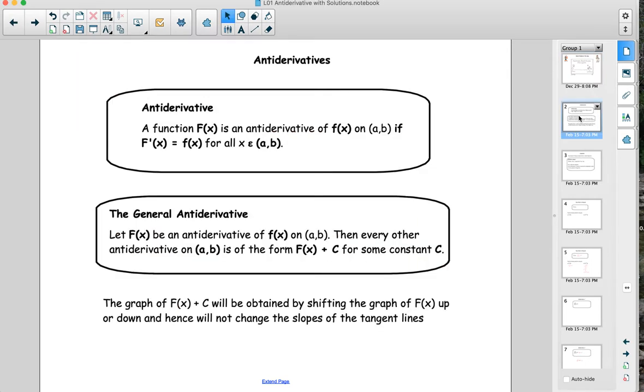All right, so what is an antiderivative? You have found antiderivatives before. If f(x) is x squared, then f'(x) would be 2x.